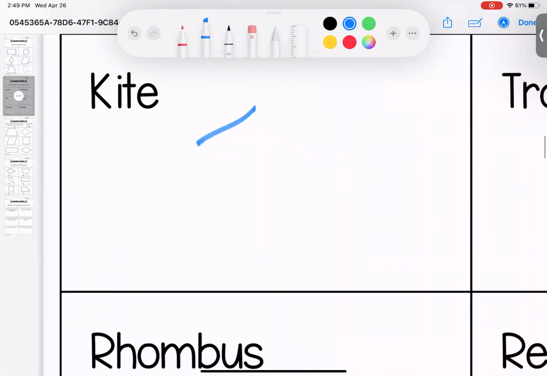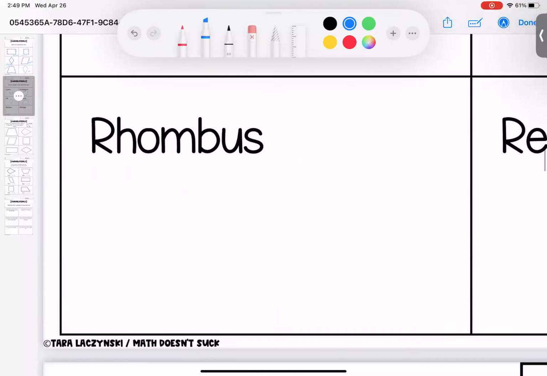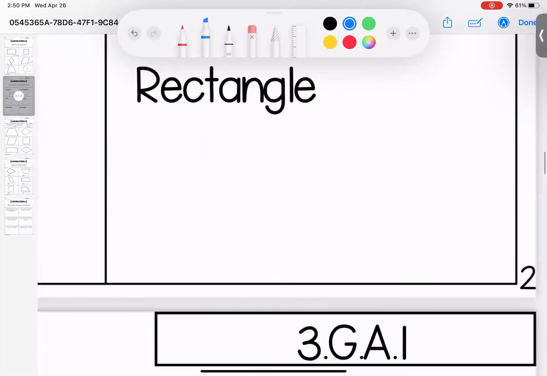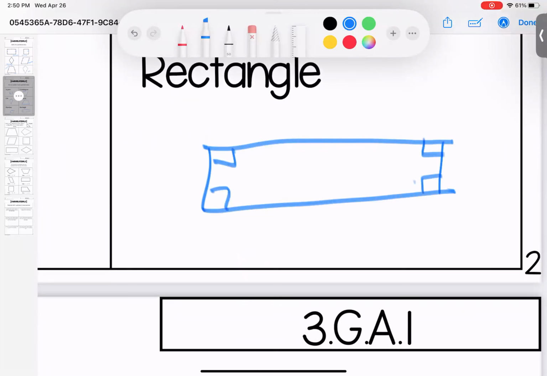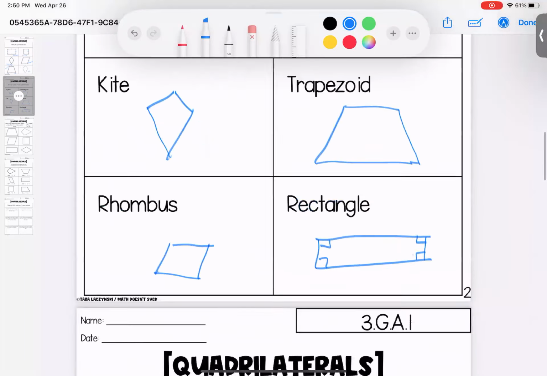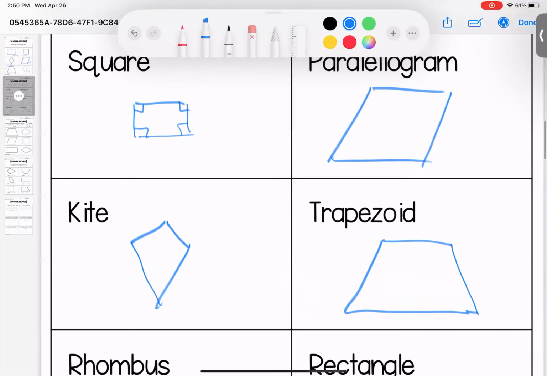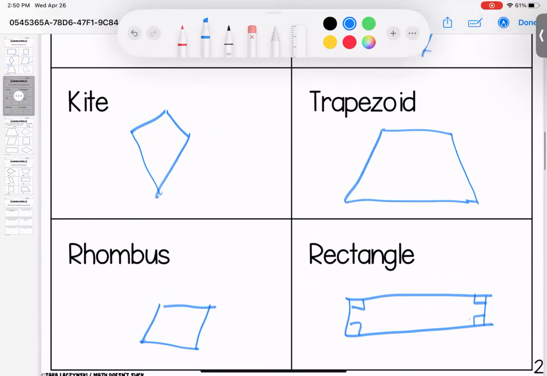A kite looks just like a kite. A rhombus is a lazy square, so equal sides, but with a lean. And our last one, a rectangle: two short sides, two long sides, right angles, and two pairs of parallel sides. Do your best. They don't have to be perfect. Any questions on these? Bring them with you to class.